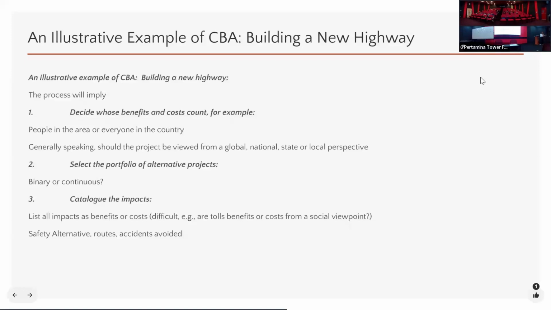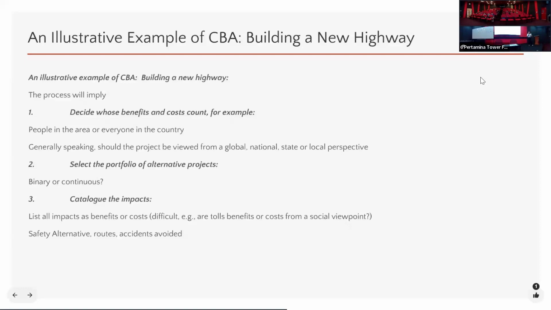So it could be between two projects or a highway that has 4 lanes or one that has 8 lanes, okay? So that's one of the things. We need to catalog all the impacts. So use all the benefits and costs. And this is a little bit different because we have to take into account the social viewpoint.